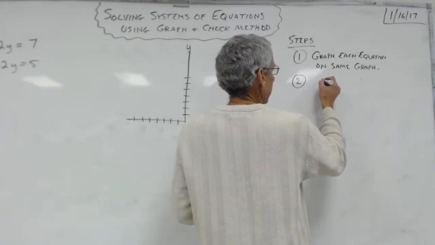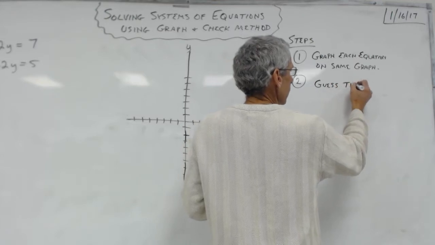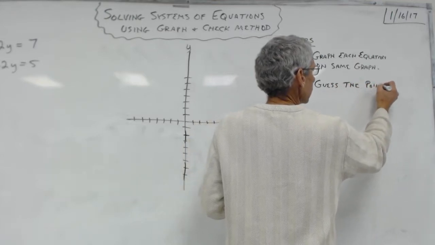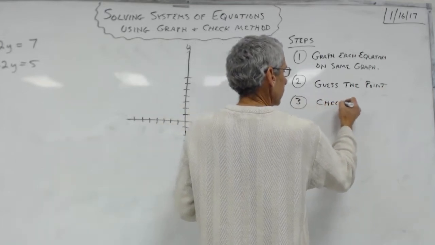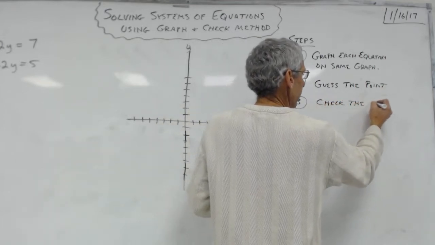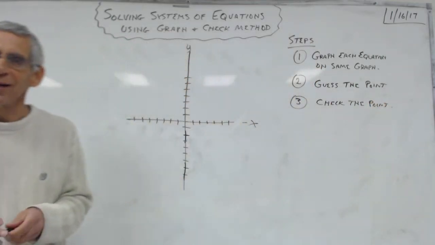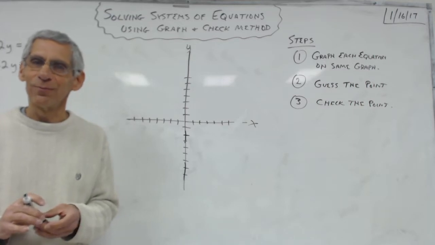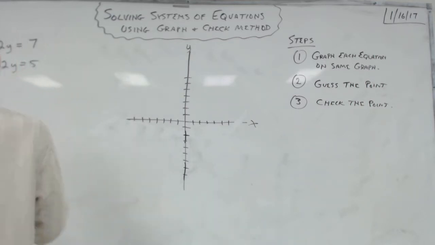Two, guess the point, and three, check the point, right? Check the point. You understand that? Those are the three. Thank you, James, for telling me that I only had one step to my three steps. I'm just gonna take away the S, just step.